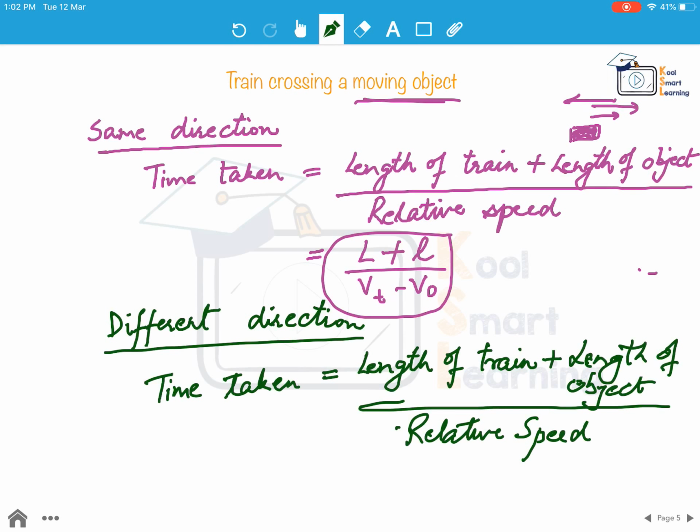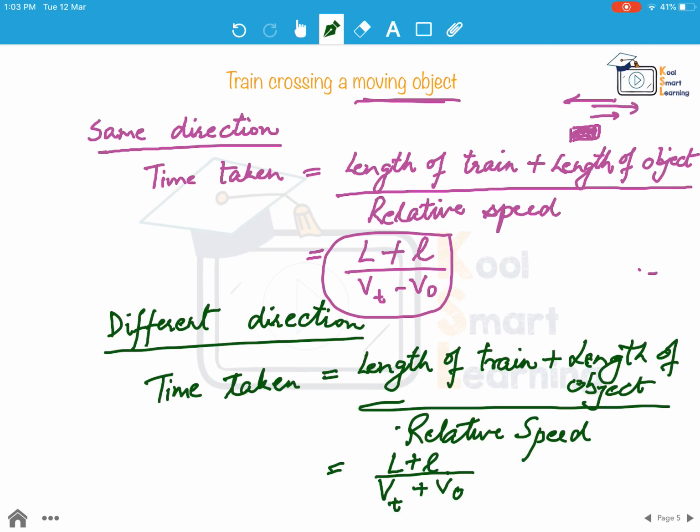So what will be the relative speed when they are moving in opposite direction? This will be v1 plus v2, which is Vt plus VO. Vt is for the velocity or speed of train, and VO the speed of the object, right?